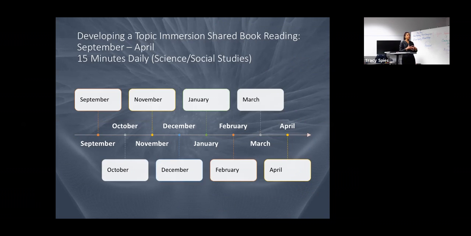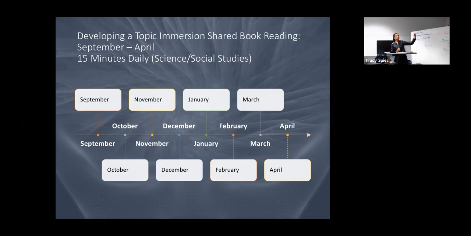With a topic immersion approach, you're going to focus on a theme, a science theme, social studies themes. So if you think about what you teach at your grade level, and you're going to design some shared book reading, 15, 20 minutes a day, to complement your teaching so that you have some time to go deep in a concept that you're focusing on.